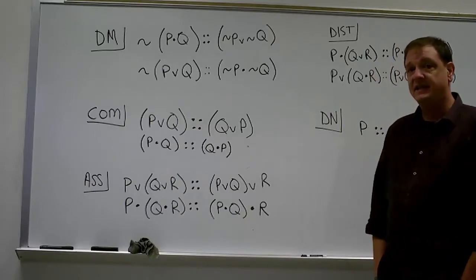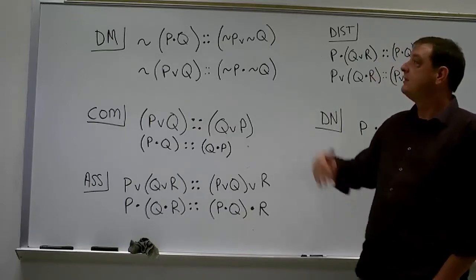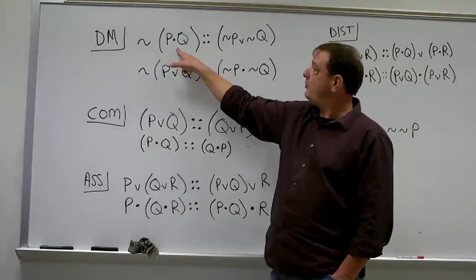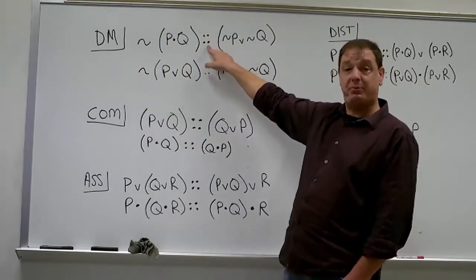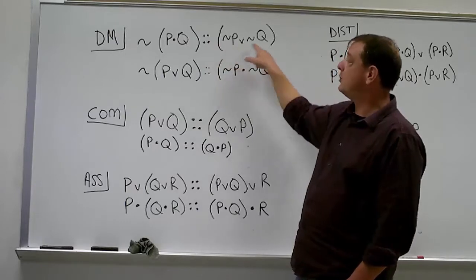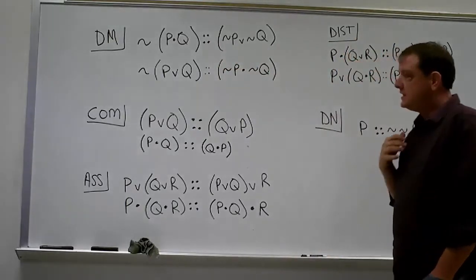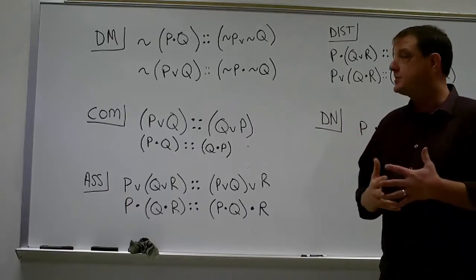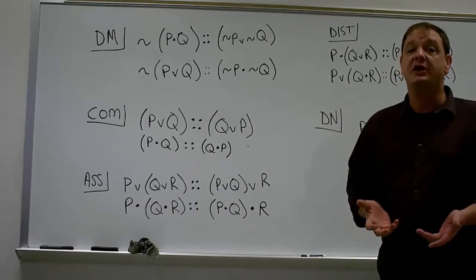What this says is these statements for each one, in this case for De Morgan's, not both P and Q, can be replaced by not P or not Q. The idea is that these statements are what we call truth functionally equivalent.